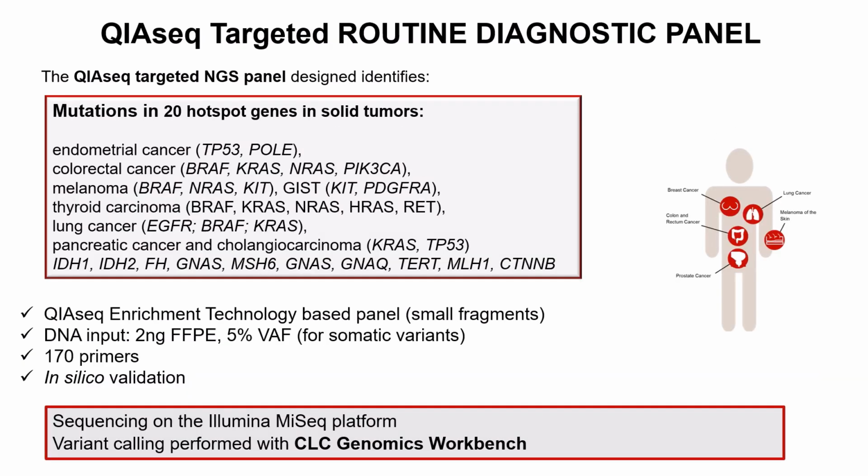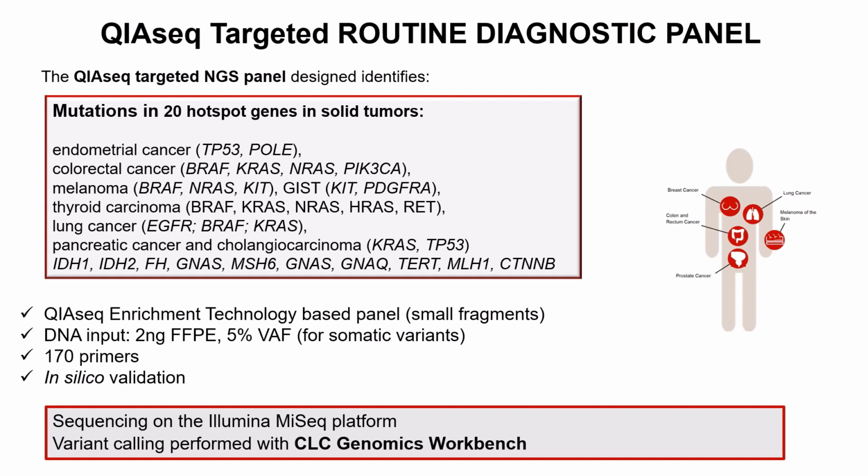Considering the second panel we designed, the targeted routine diagnostic panel identifies mutations in 20 hotspot genes in solid tumors. In particular, for endometrial cancer, for example, TP53 and POLE; colorectal cancer, BRAF, KRAS, and PI3 kinase; melanoma, BRAF and KIT; GIST; thyroid carcinoma; lung cancer; pancreatic cancer; and cholangiocarcinoma. The chemistry is again QIAGEN enrichment technology based on small fragment amplification.